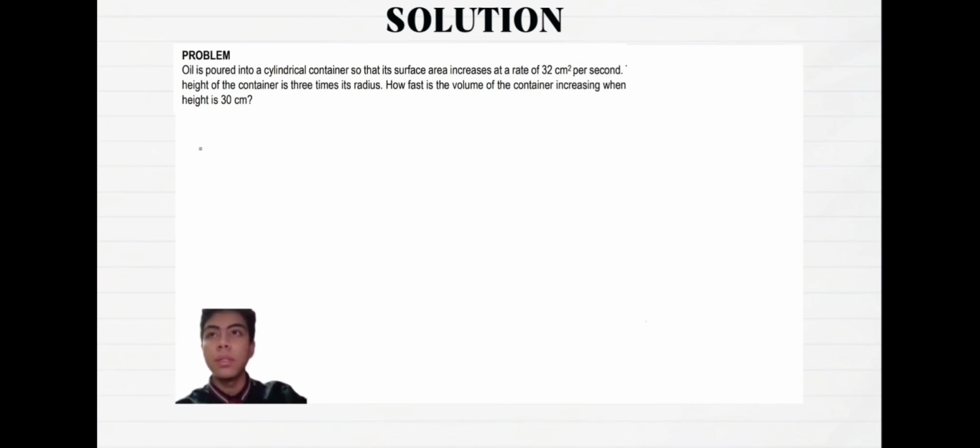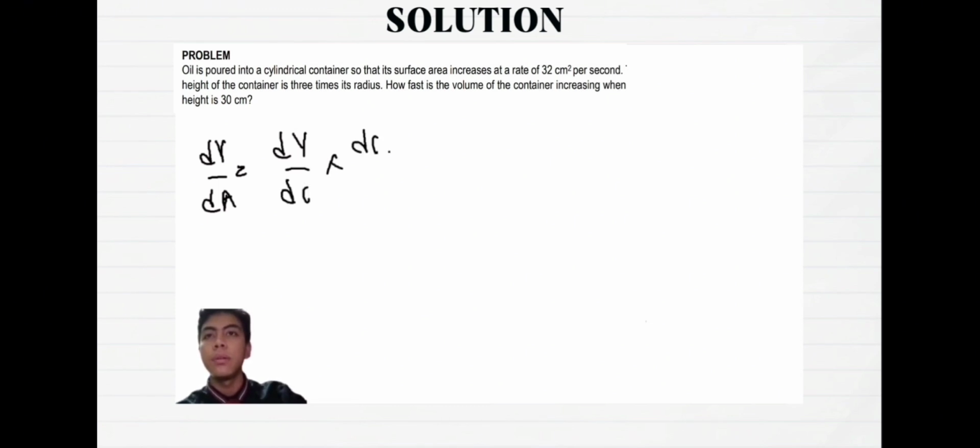Then we need to find dV/dA. For dV/dA, we know that dV/dA equals dV/dr times dr/dA. For dV/dr we got 9 pi r squared just now, and we multiply by dr/dA, which is 1 over 16 pi r.